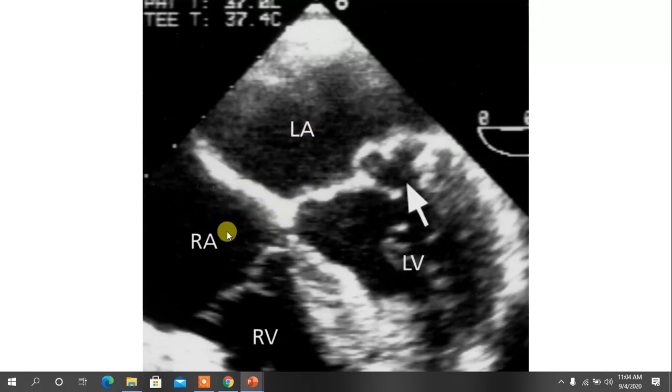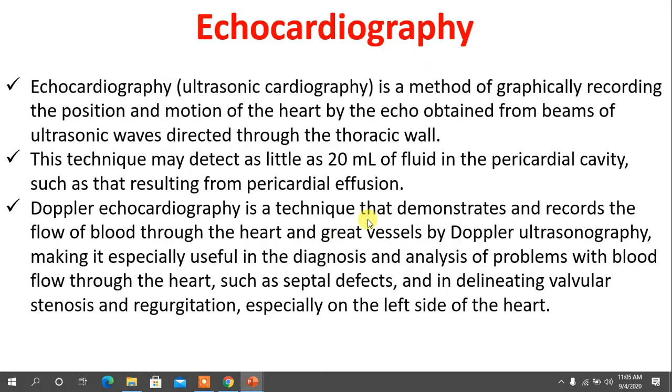Left atrium, right ventricle, and left atrium. Here the valves are seen connecting the two things, and then the function of the heart can be assessed by this.